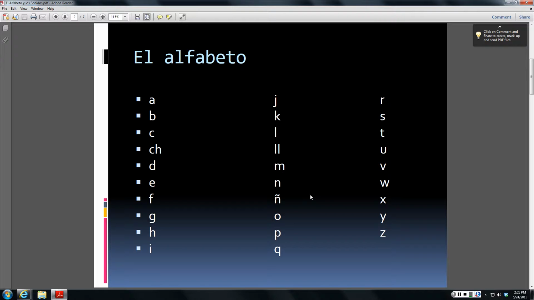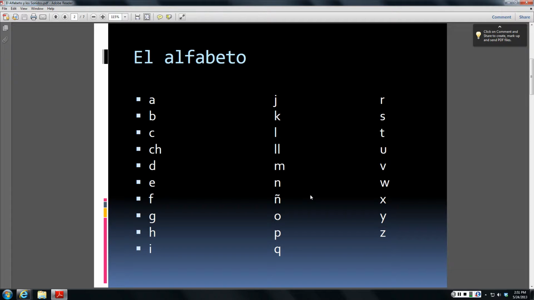Alright, let's look at the second column. The letters are J, K, L, J, M, N, Ñ, O, P, Q. The letter N with a tilde over it has a ñ sound, almost like the letters N, Y in English, like the word canyon.